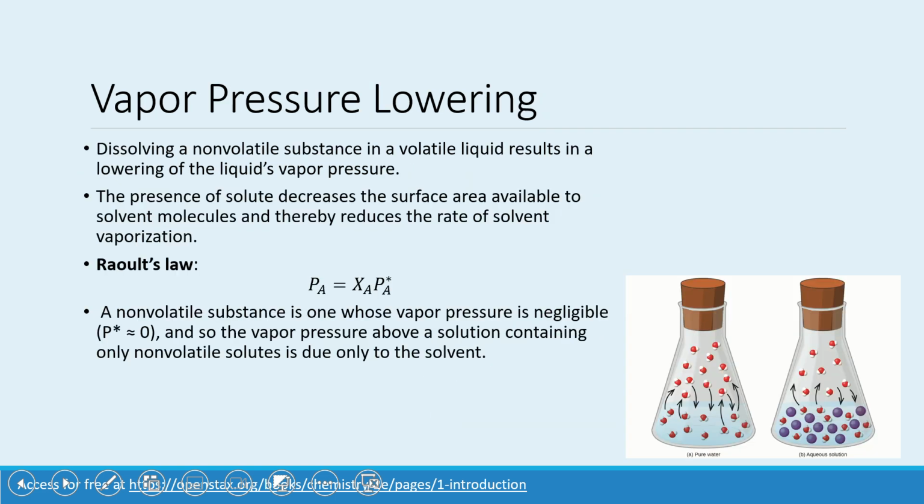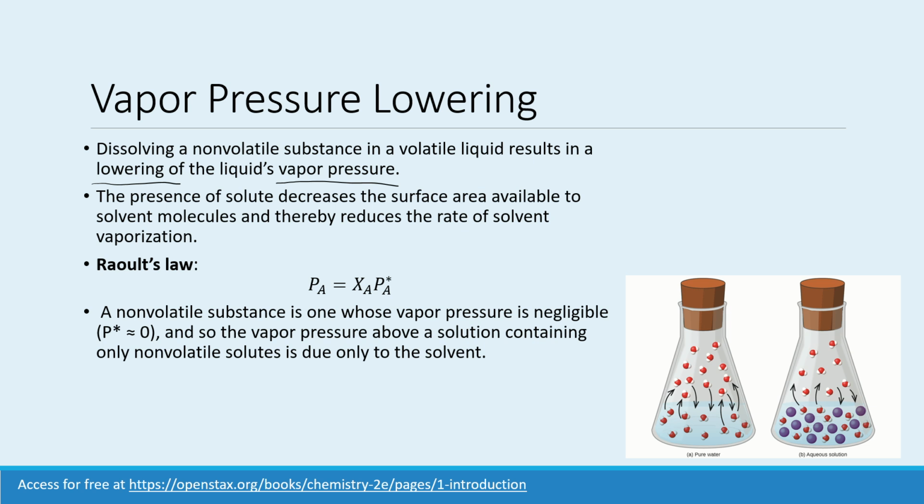Okay, so the first colligative property that we're going to look at is vapor pressure lowering. So when we add a non-volatile substance to a volatile liquid, it is going to result in lowering that liquid's vapor pressure, right? And the reason that this happens, probably the simplest way to think about it, is that the presence of that solute is going to decrease the surface area.